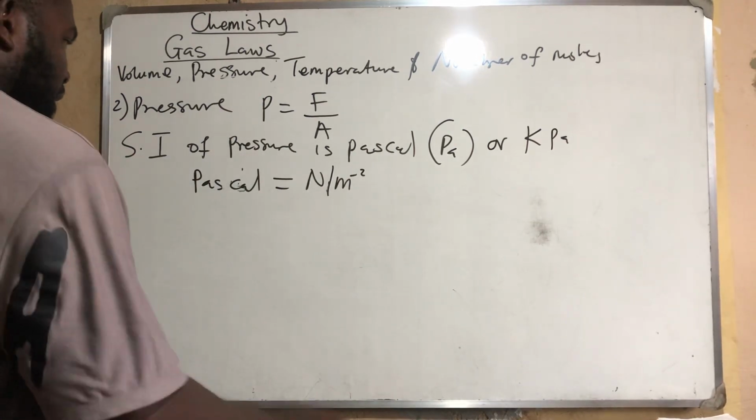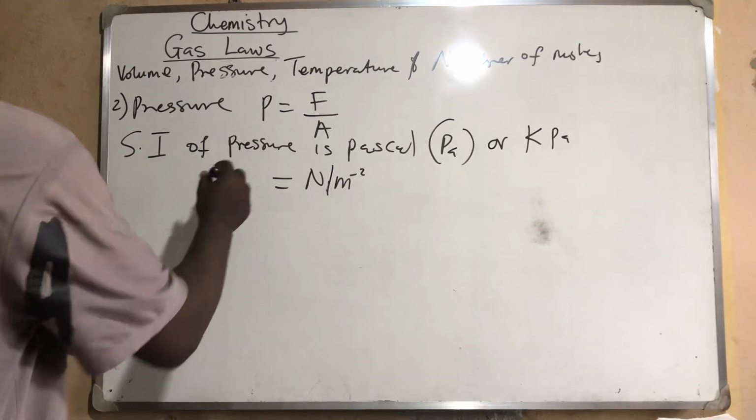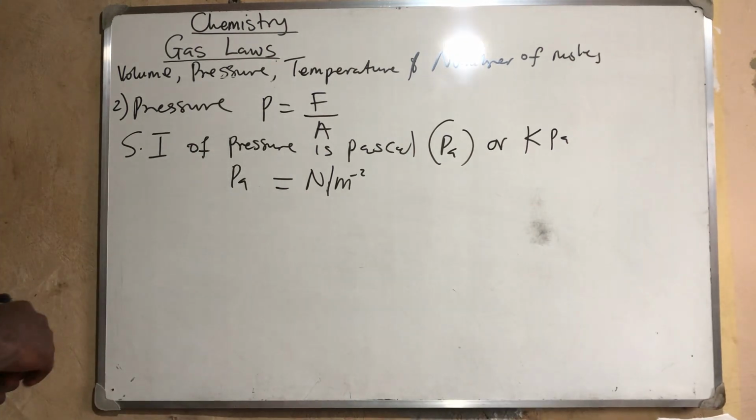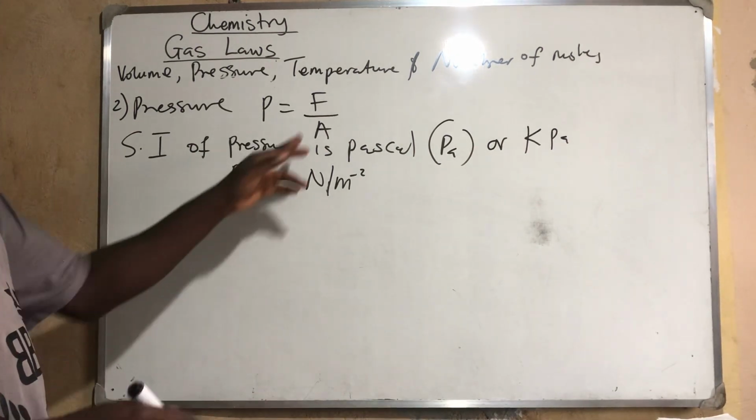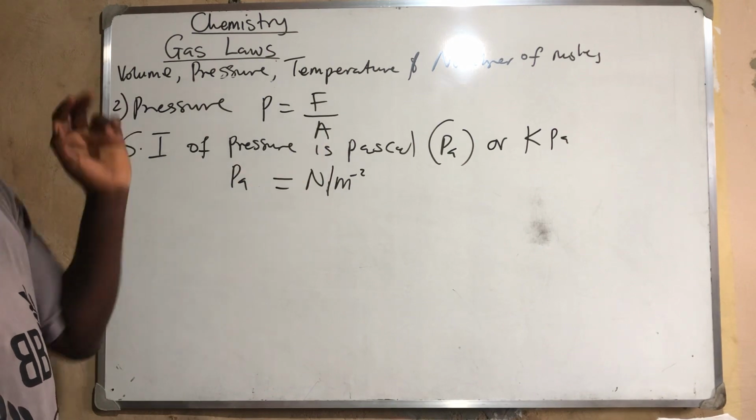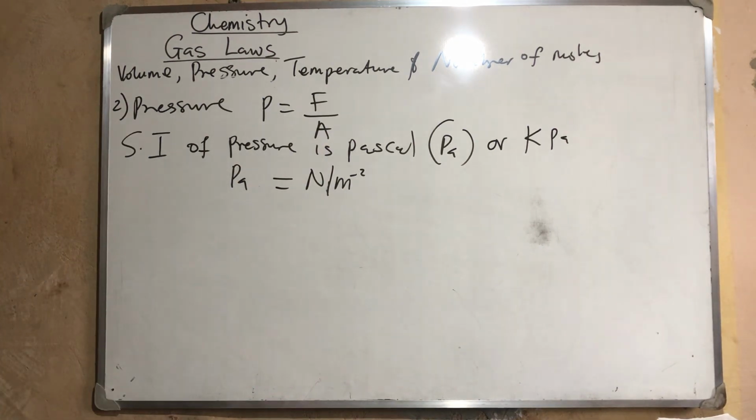How do we get Newton per meter square? Force is in Newton and area is in meter square, so Pascal is Newton per meter square.